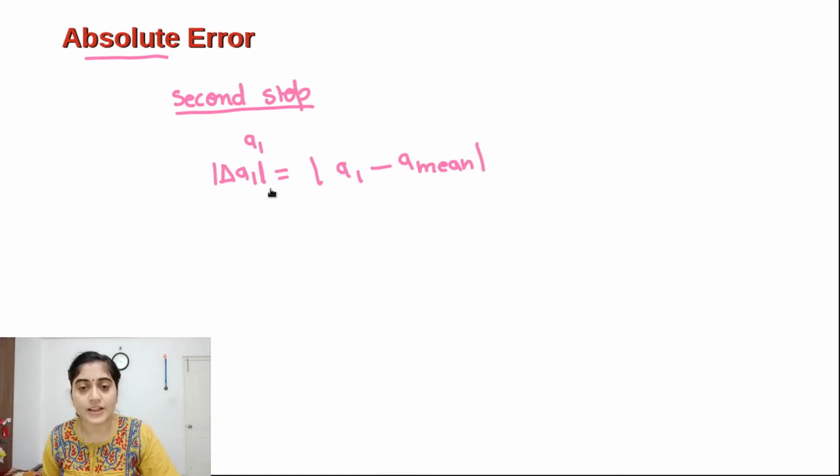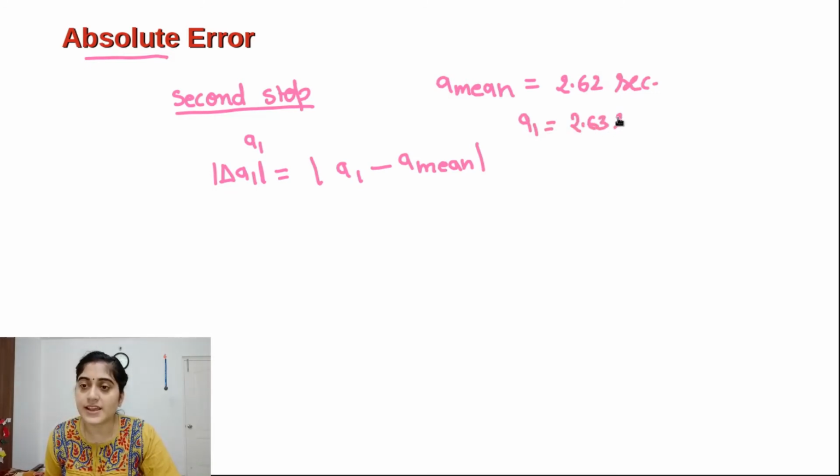So here we are taking the mod value, the mod of the difference between A1, the first measured value, and the mean. From the first step, A mean is 2.62 seconds. And A1 was 2.63 seconds.